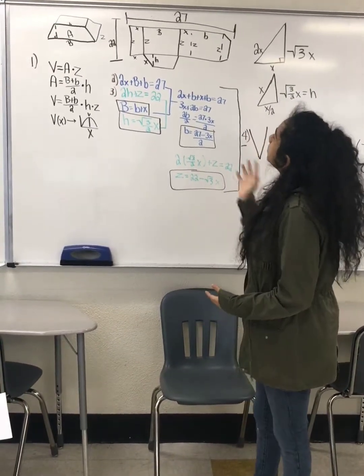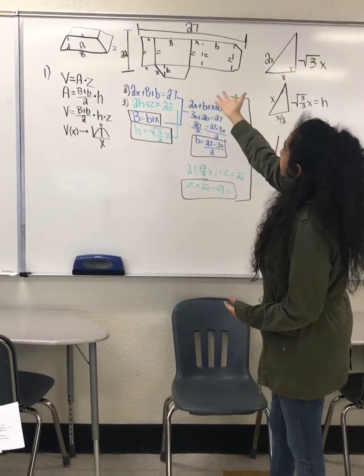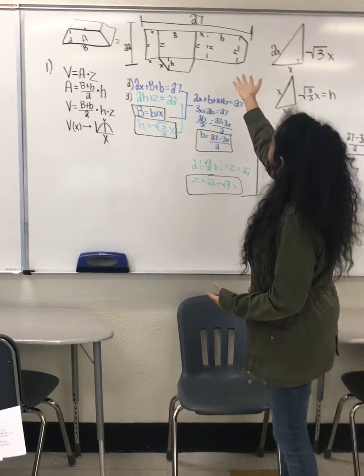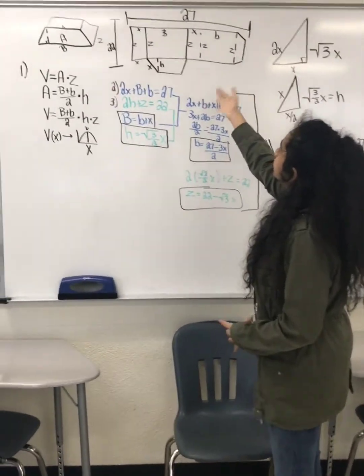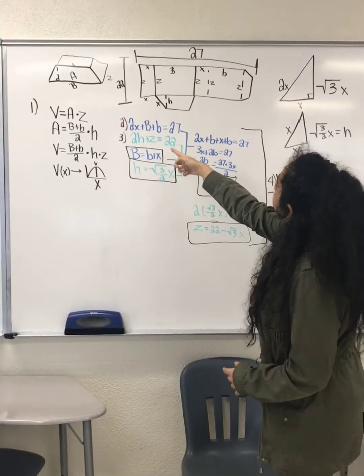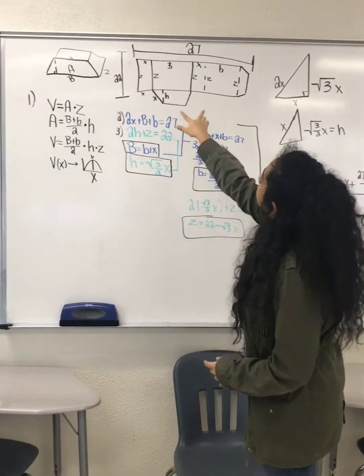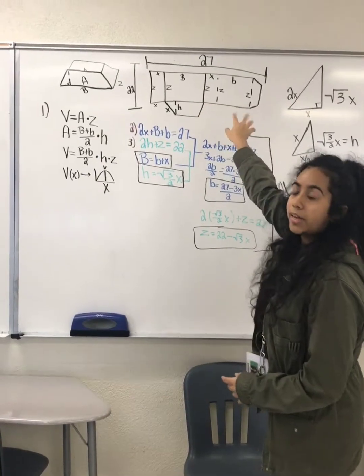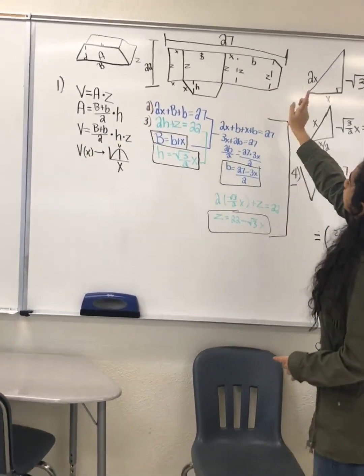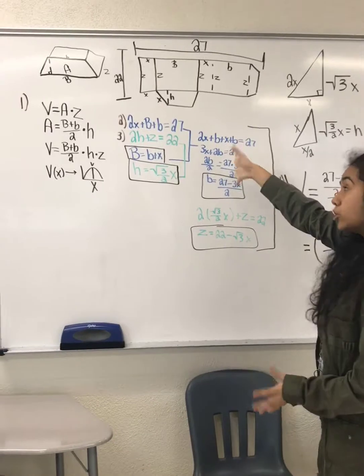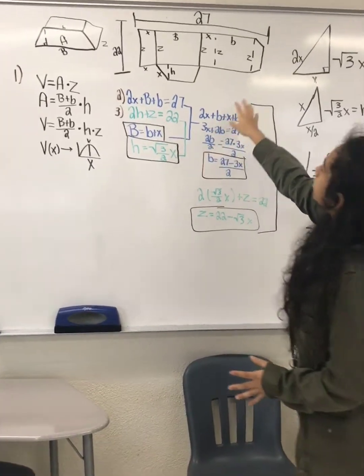We labeled all of that and came up with different equations. For the length to equal 27, we came up with 2x plus big B plus little b. The reason we put 2x is because there are two x's on the side of the length. There's one big B and one little b, which should equal 27.